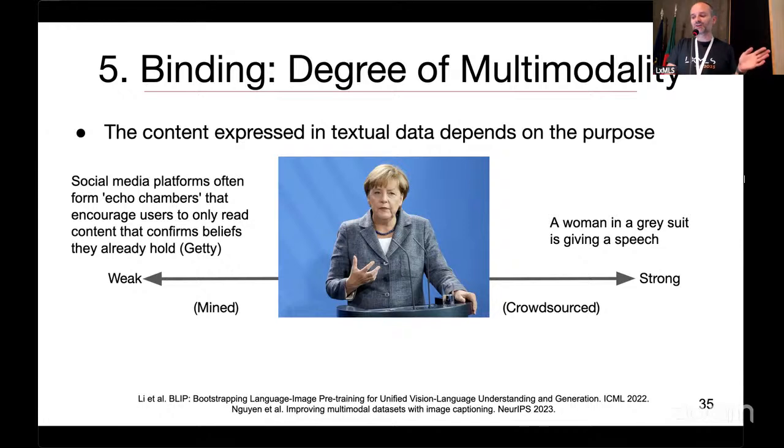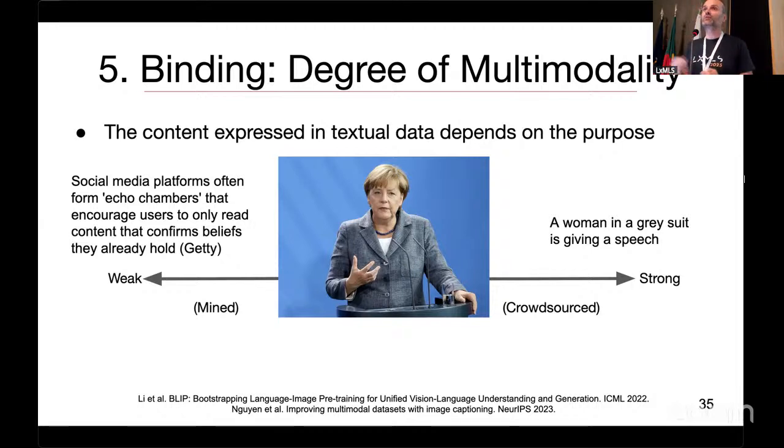It talks about how social media platforms often form echo chambers. I mean, it's crazy how much this stuff has been discussed over time. I think this example is very old now. And Angela Merkel was giving a talk about how this was a problem back when she was still Chancellor of Germany. And so this is what I would call weakly bound multimodal data.